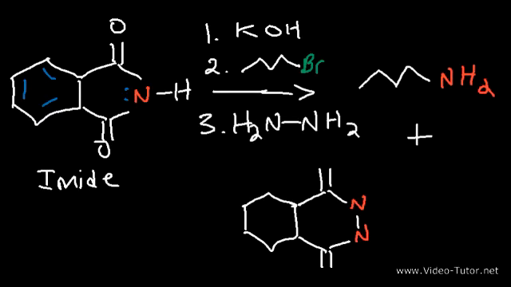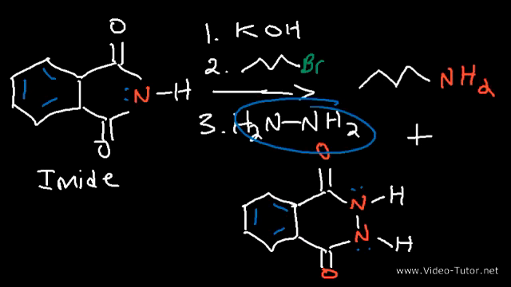Initially, we had a 5-atom ring, but now it's expanded to a 6-atom ring, which is more stable. 6-atom rings have less ring strain than 5-atom rings. So this is phthalimide hydrazide. That's the side product if you decide to use hydrazine.